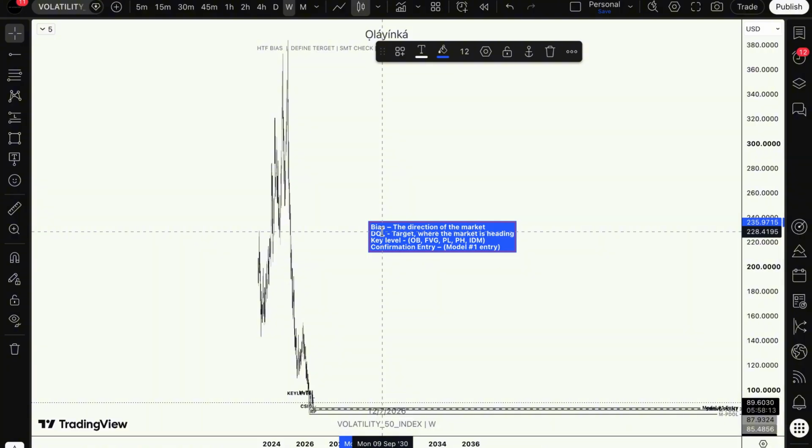Make sure your key level is an unmitigated key level. I might make a video about all those things. When you get to your key level, I'm not the type that sets limit orders and just leaves the trade to play out. Personally, I want to see confirmation.